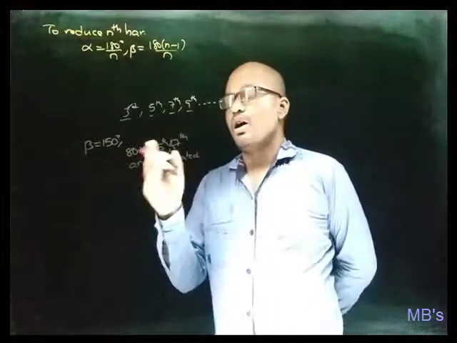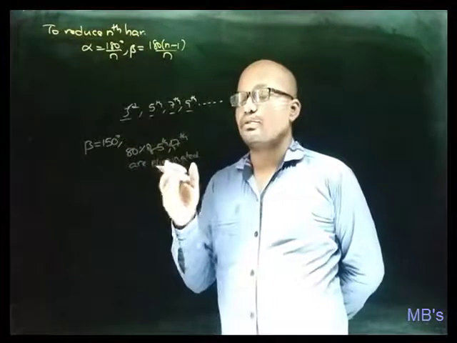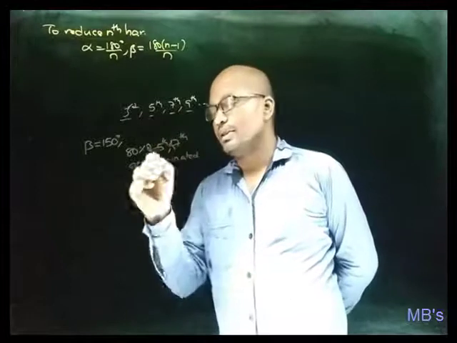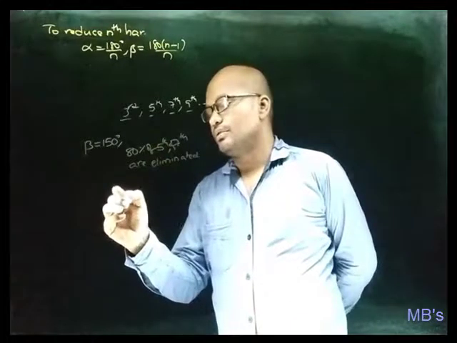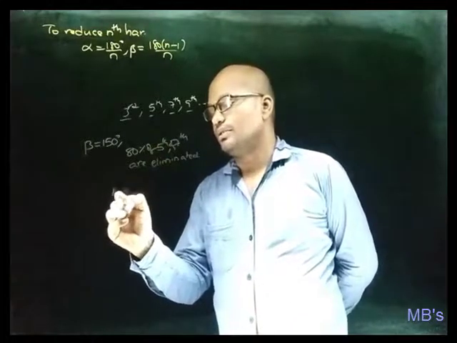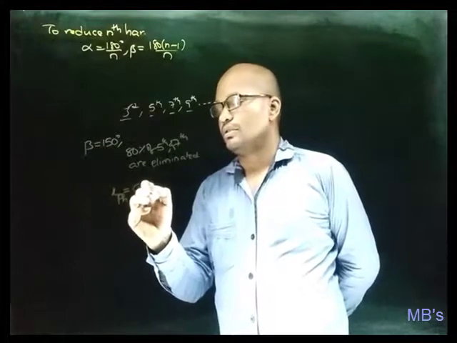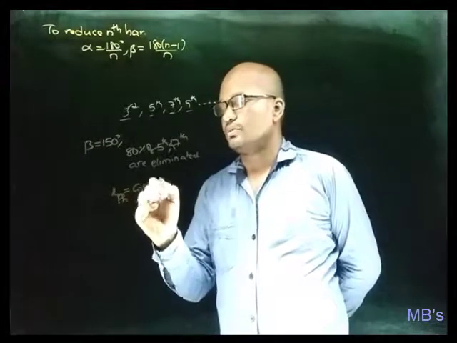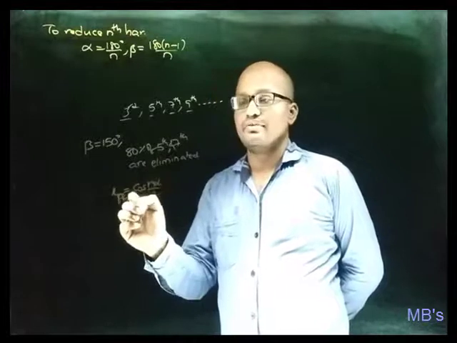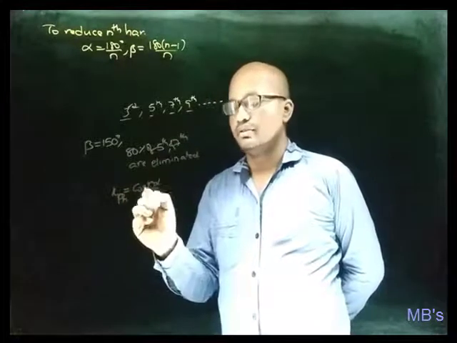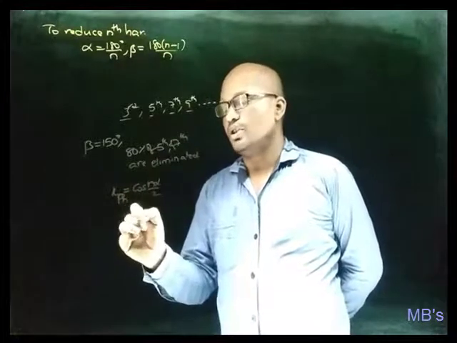How these 5th order and 7th order harmonics are eliminated: place n equal to 5 in pitch factor, cos n alpha by 2. So place 5 and find pitch factor, place 7 and find pitch factor. So Kp will be a very, very low value.